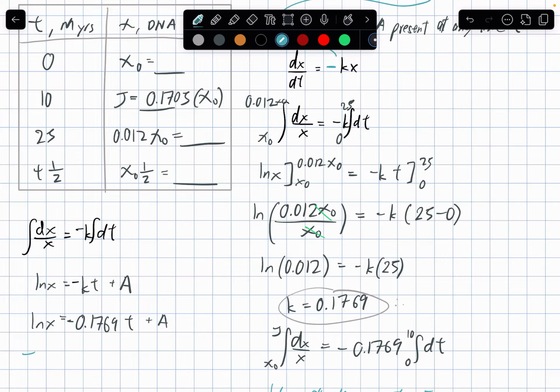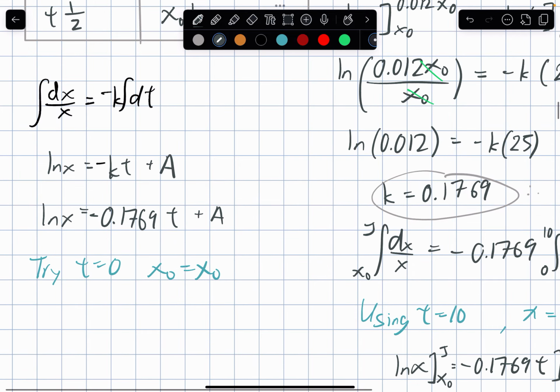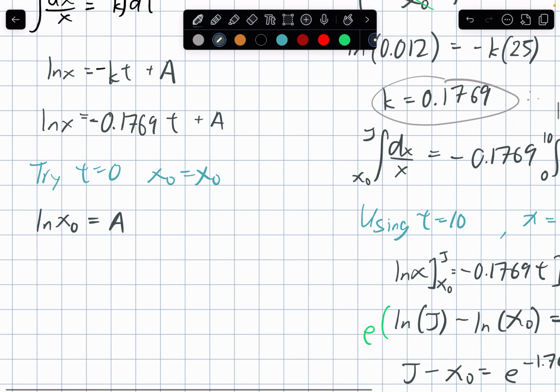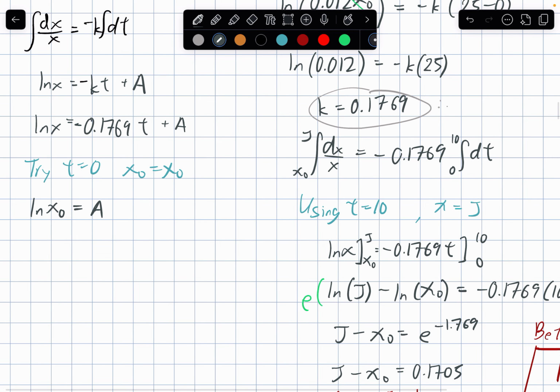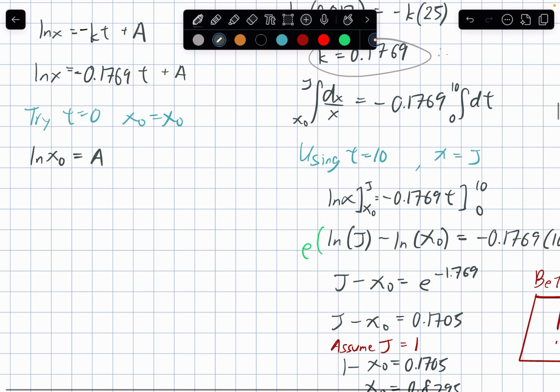Let's try. t equal to 0, x sub 0 equal to, well, we don't know it, so just substitute it as is. So t becomes nothing, 0, no? So a is equal to ln x sub 0. Will this help us? I'm not sure.